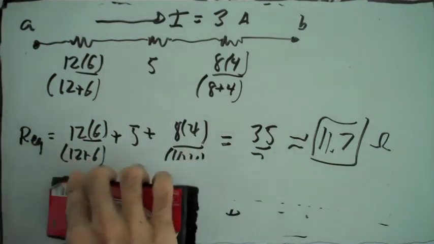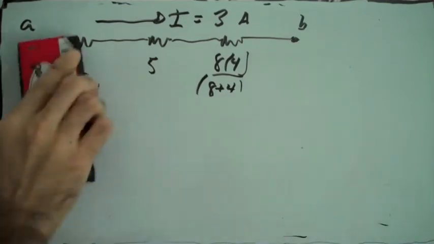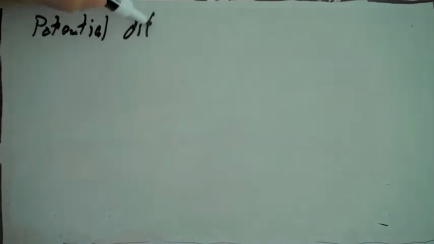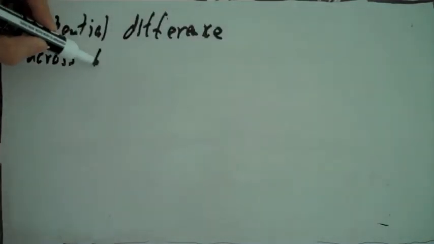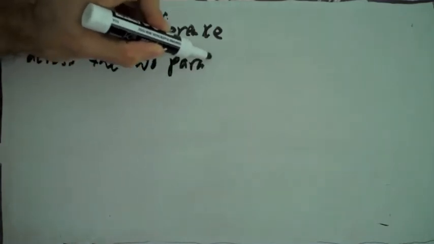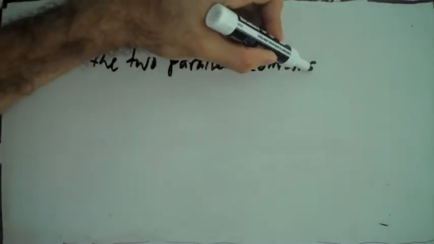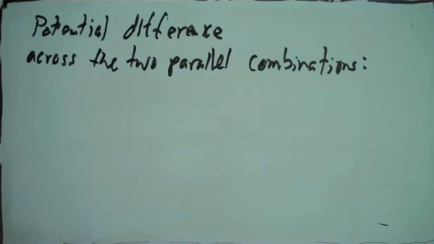So now if we consider the two combinations of parallel resistors that were on the sides as being replaced by their equivalent resistances, now we can calculate the potential difference across them. So the potential difference across the two parallel combinations of resistors can be found in this way.